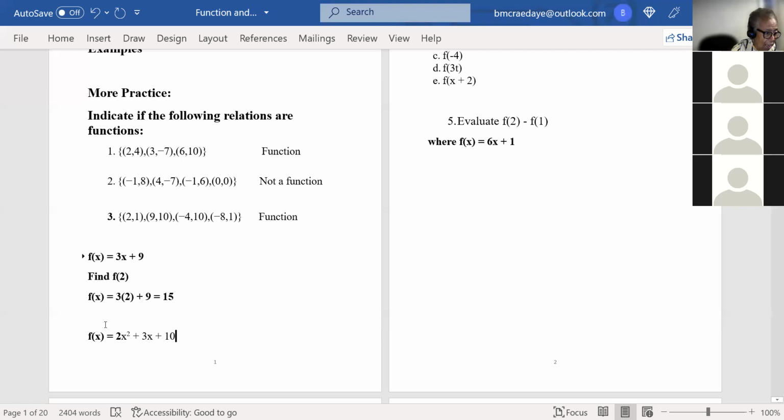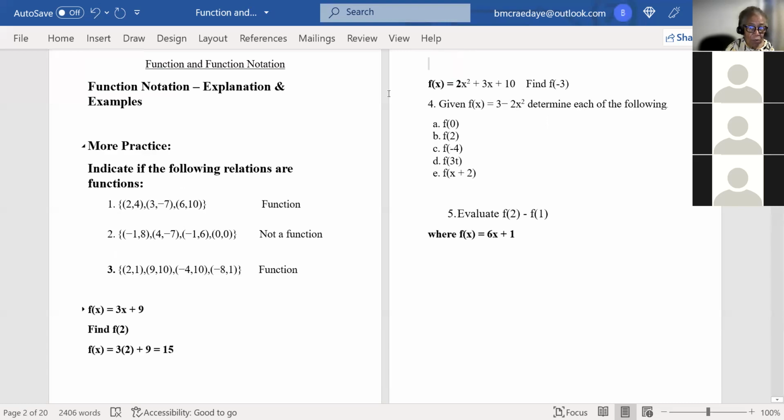And I want you to take this function and find f of -3. Now wherever you see an x, you want to put in a -3. Let me just copy this over here so you'll have room to work with it.